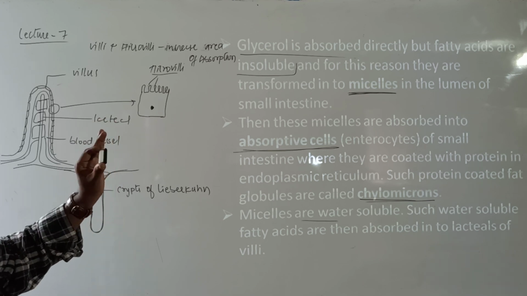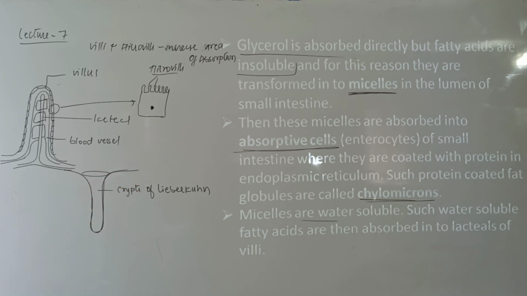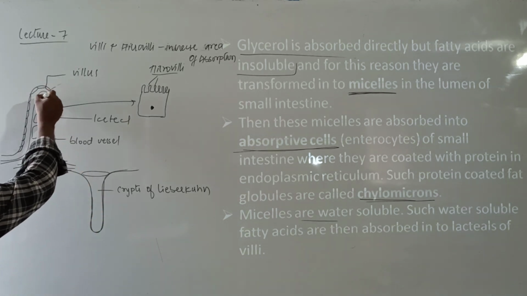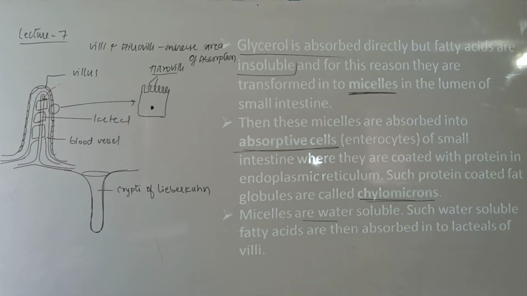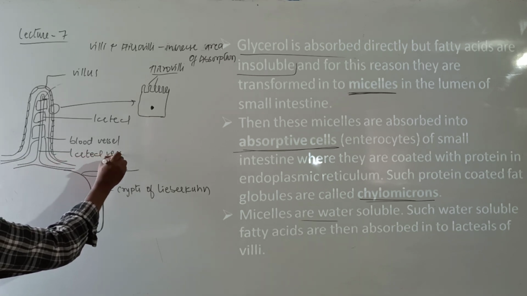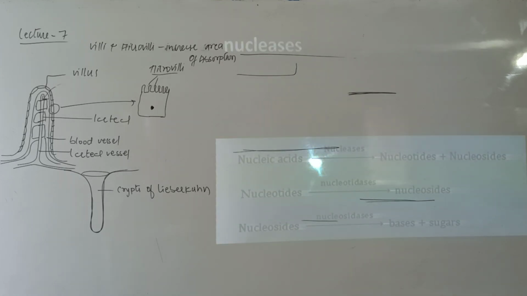I said glycerols are directly absorbed, but fatty acids are converted into micelles, and then to chylomicrons, and they will be passing into the lacteal vessel. This center one is the lacteal vessel.